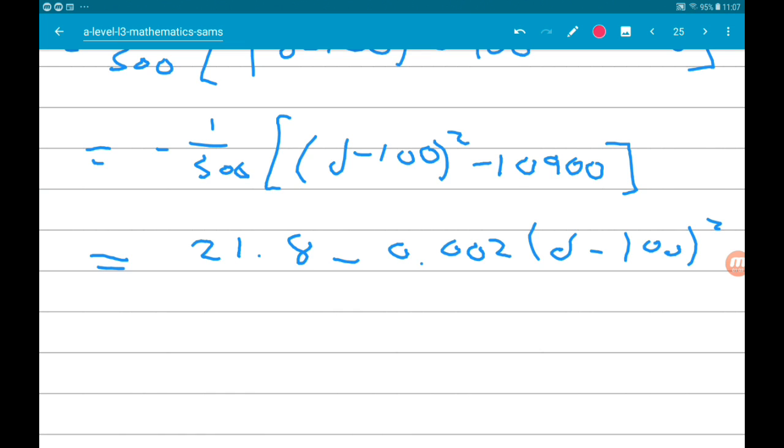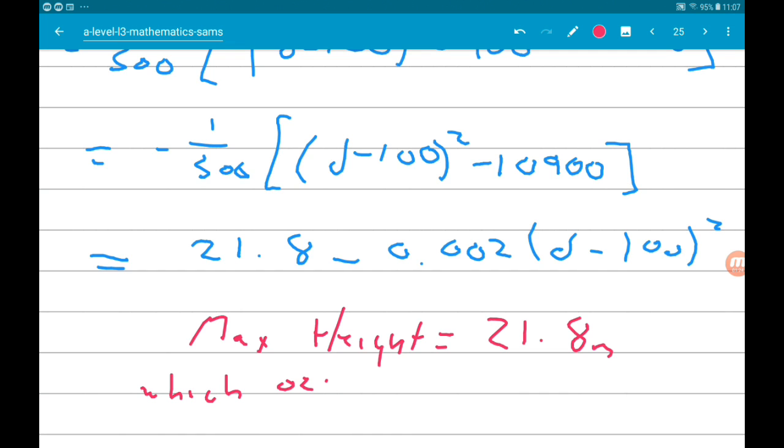So here we know then that the maximum height is 21.8 meters, which occurs when d is equal to 100.